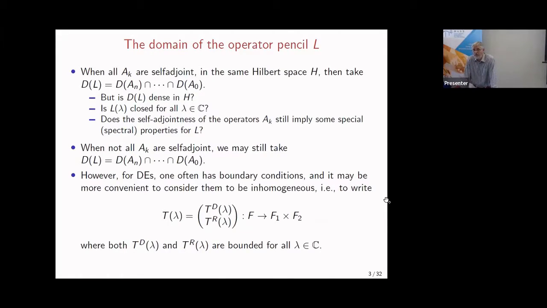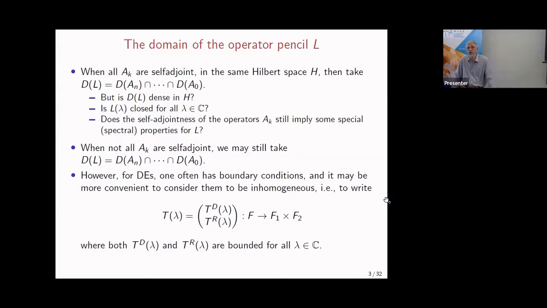Do they still have certain particular properties of the spectrum? Now, another point here is that if you look at a standard self-adjoint differential operator, it has a differential operator and boundary conditions.